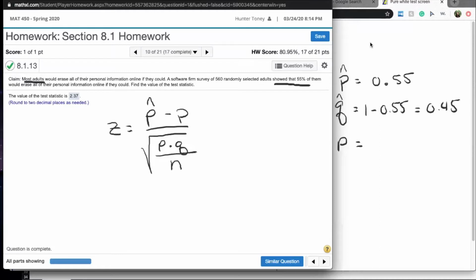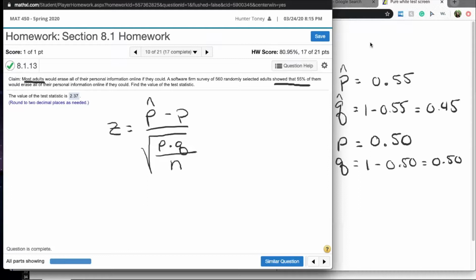So we just use 50% as our threshold. So our probability proportion will be 0.50 for 50%, which is most people would be more than 50. And then q would just be 1 minus 0.50, which is equal to also 0.50. It's a 50-50.